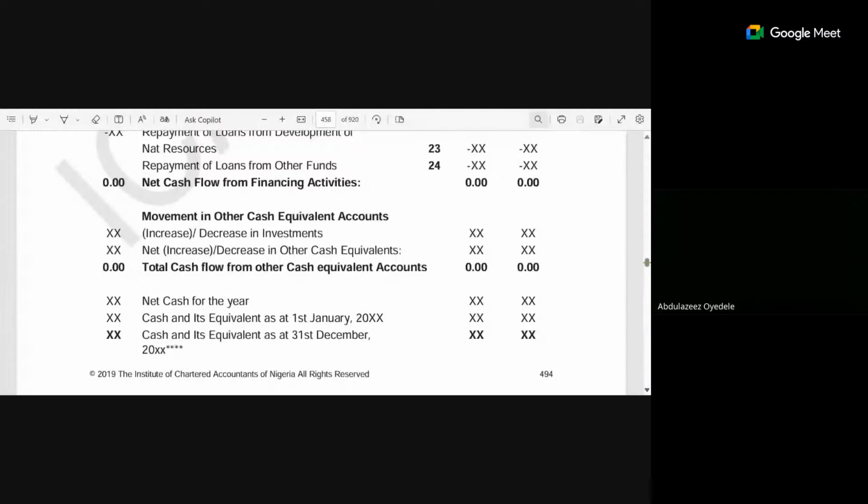And then we add the cash balance at the beginning of the year, and that will result in the cash balance at the end of the year. Okay, so that is pretty much very simply what we need to do.